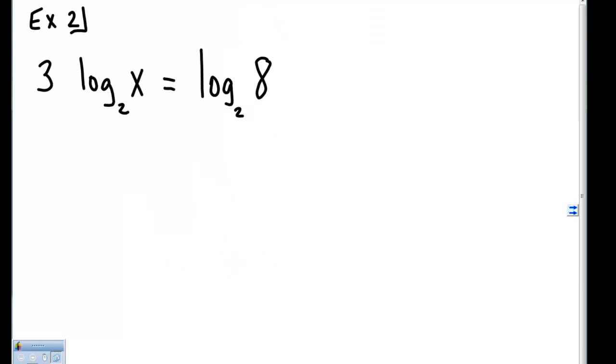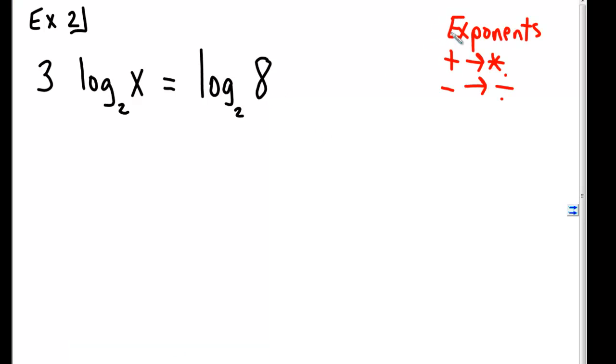Example 2. 3 times log base 2 of x equals log base 2 of 8. We take care of exponents first. We want to change any addition to multiplication and any subtraction to division.